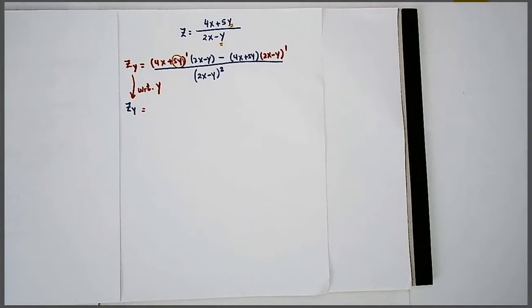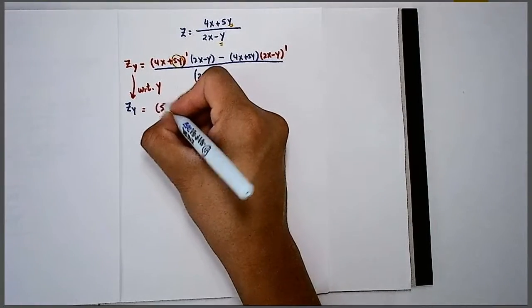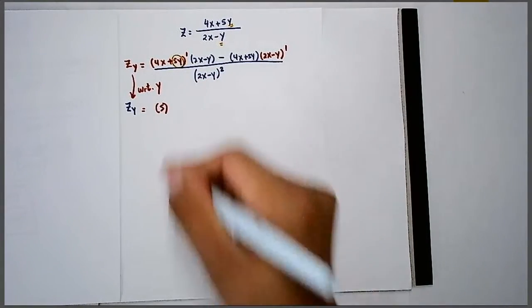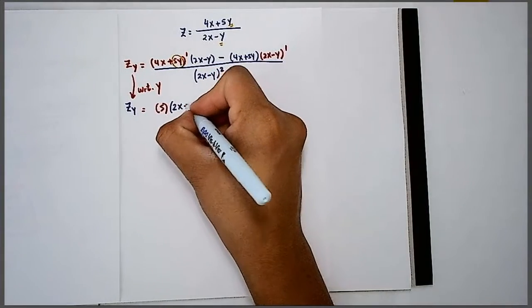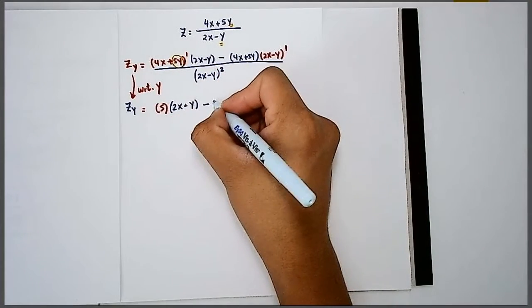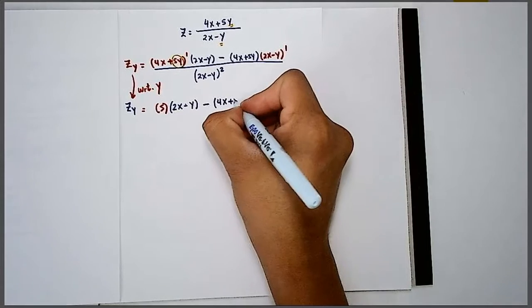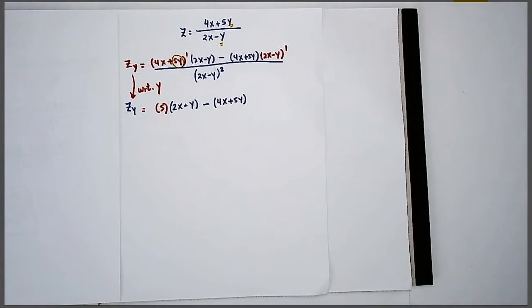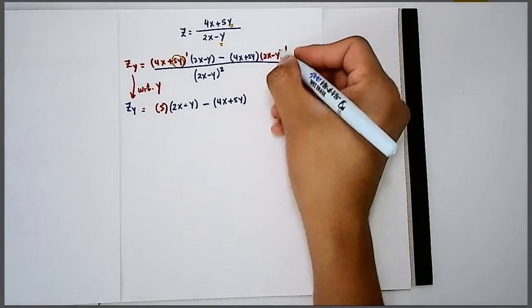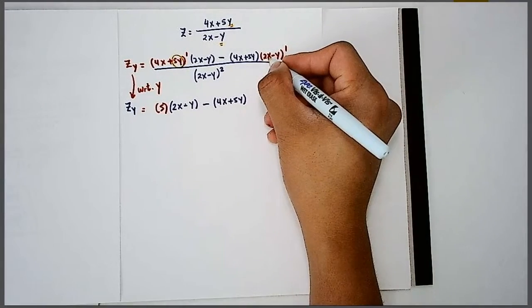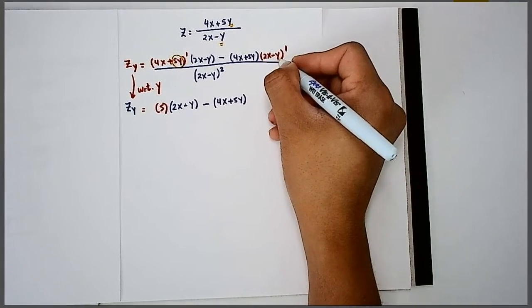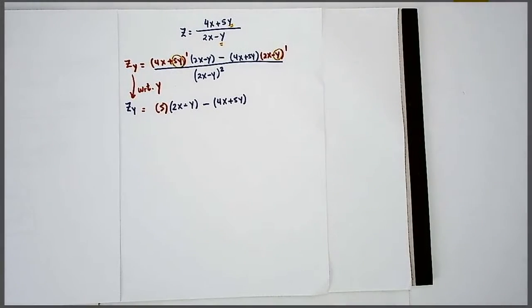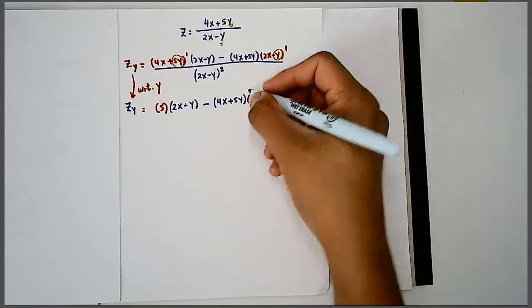The derivative of 5y with respect to y is simply 5. The derivative of 2x with respect to y is 0, and the derivative of minus y with respect to y is minus 1.